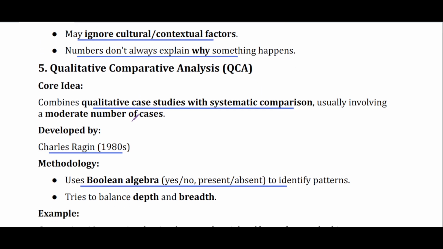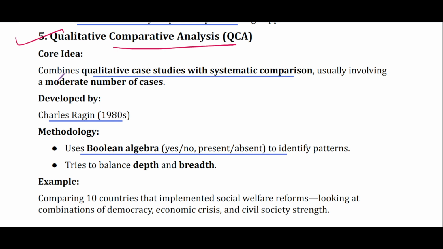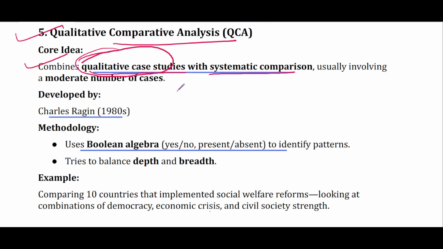Fifth tool, the qualitative comparative analysis. So this qualitative comparative analysis combines qualitative case study with systematic comparison. So in simple terms, it employs the case study method with the statistical method.